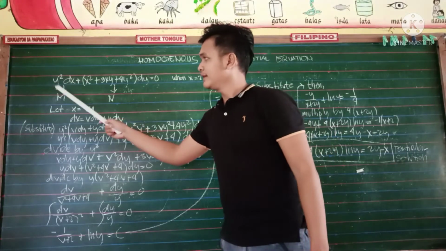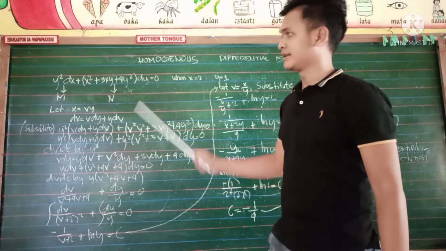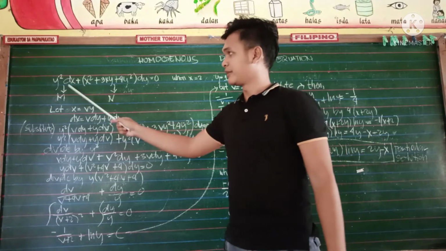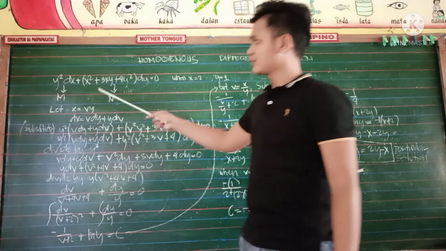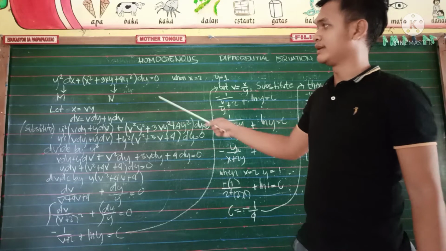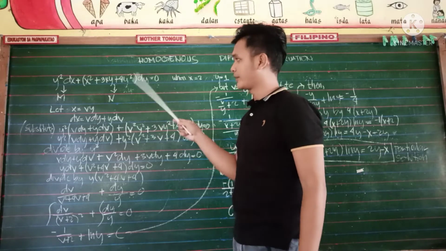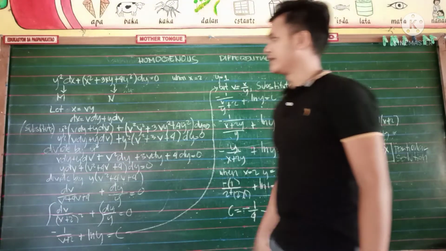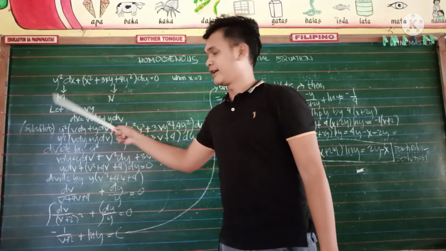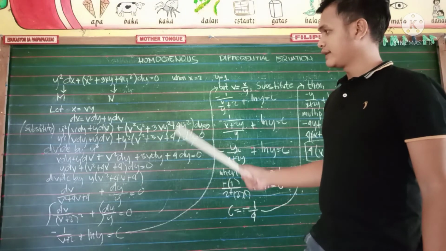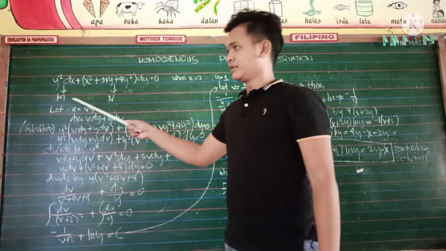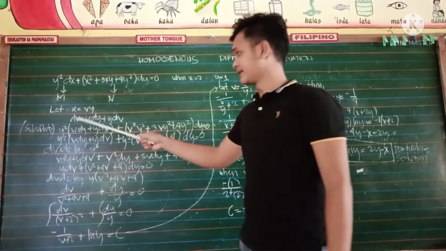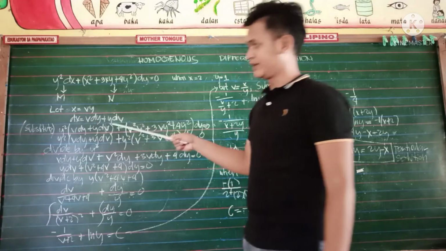So y squared dx, we assume this is the term M of dx, and x squared plus 3xy plus 4y squared dy is the term in the form of dy. We let x is equal to vy and dx is equal to v dy plus y dv.